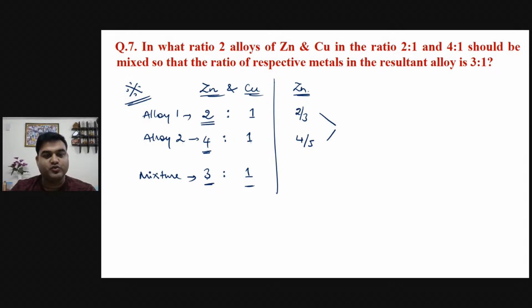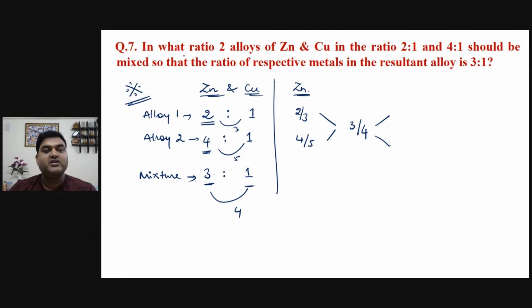If we add these two, the mixture will give us 3 out of 4. The addition of these is 4, 5 and 3. That is what we have done.